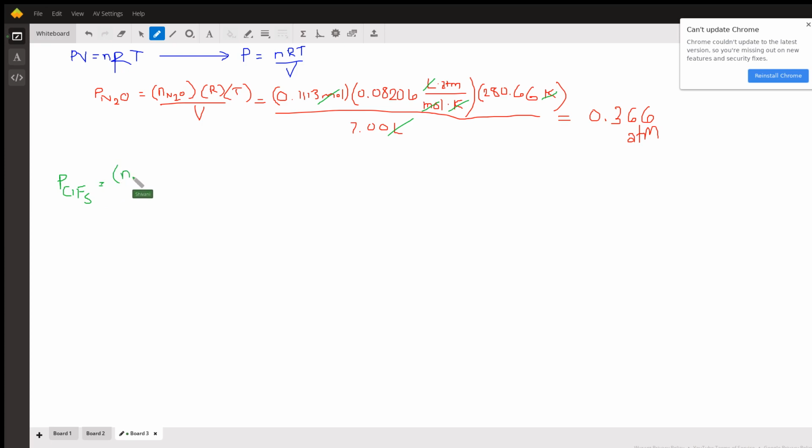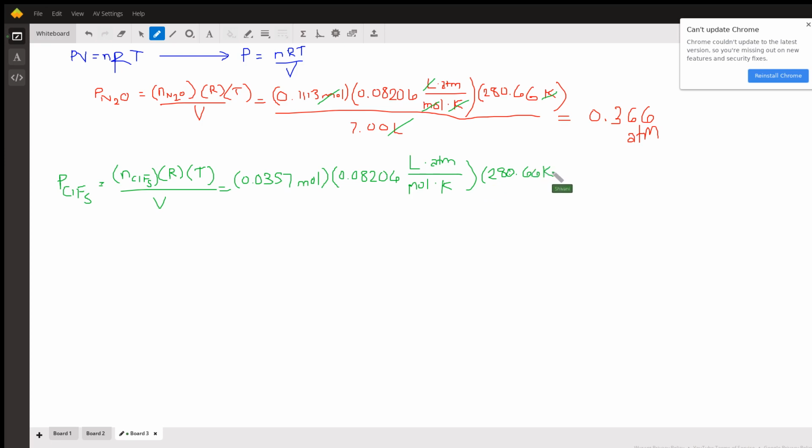So it's equal to the moles of ClF5 times R times T over V, which is 0.0357 moles times 0.08206 liters times ATM over moles times Kelvin times 280.66 Kelvin over 7.00 liters.